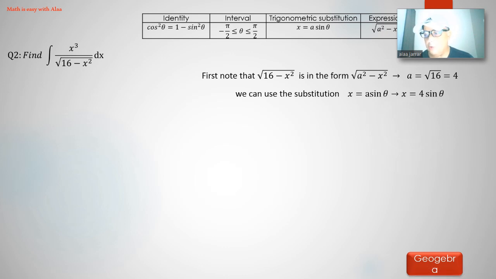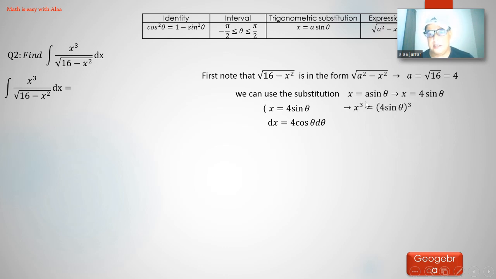Now we will remove all reference of x and change to reference of theta, and to find dx, we will take the derivative of both sides of this equation, and we will get dx equals 4 cosine theta d theta. Now, we want to find x cubed and x squared. If x equals 4 sine theta, then x cubed equals (4 sine theta) cubed.